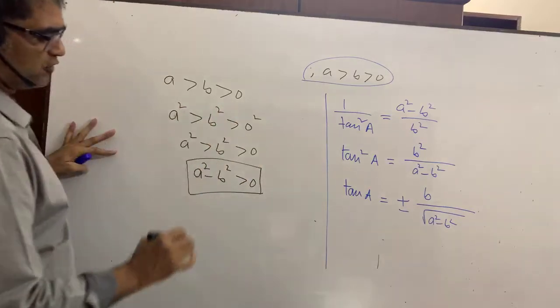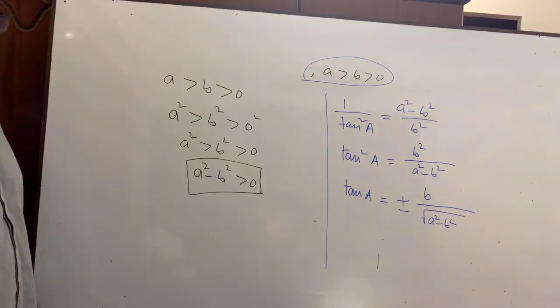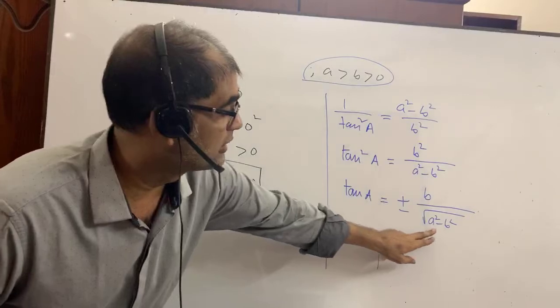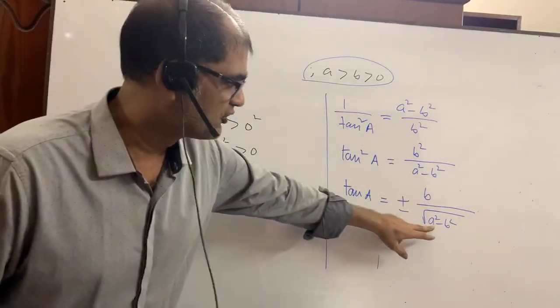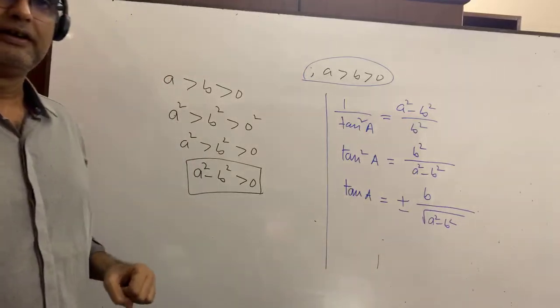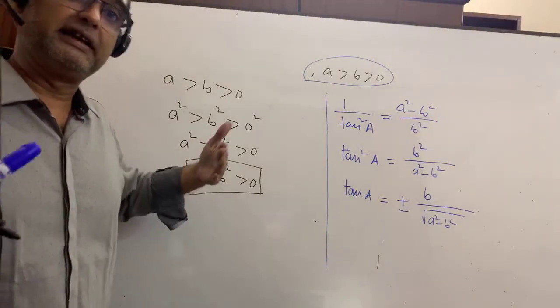Have you seen? A square minus b square, and its value is greater than 0.